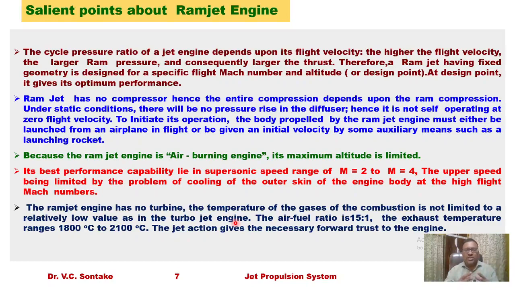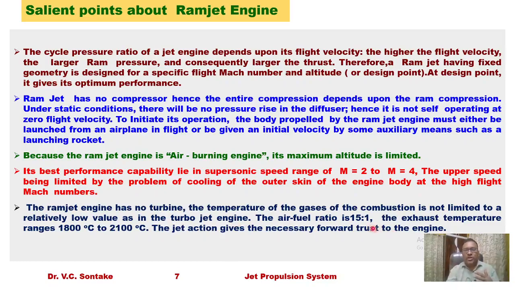But in a ramjet engine, there is no turbine, so there is no such limitation on the temperature of the gases. That is why a ramjet engine can be made to operate with high temperature gases.